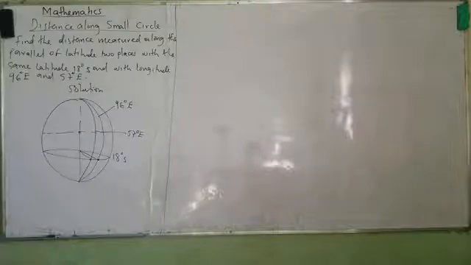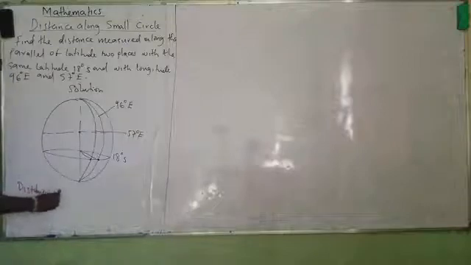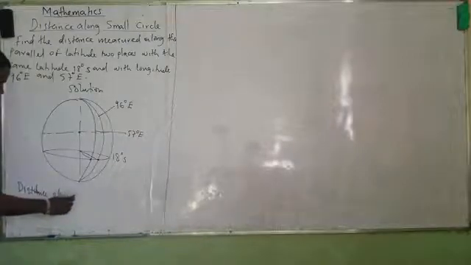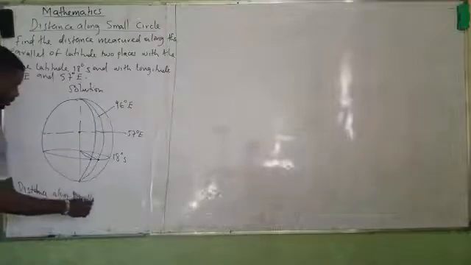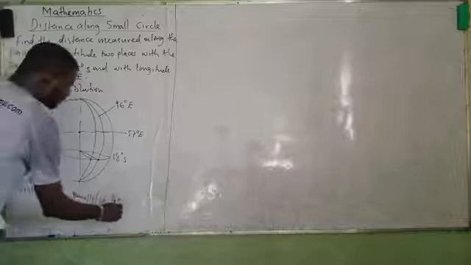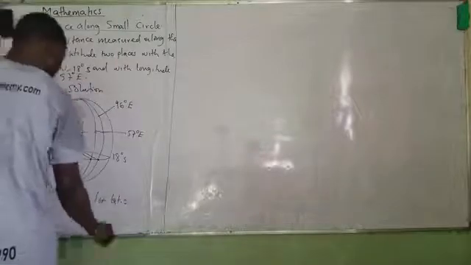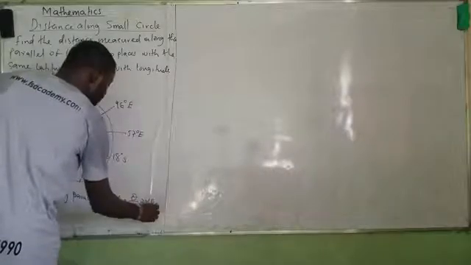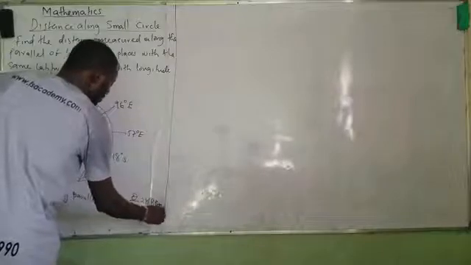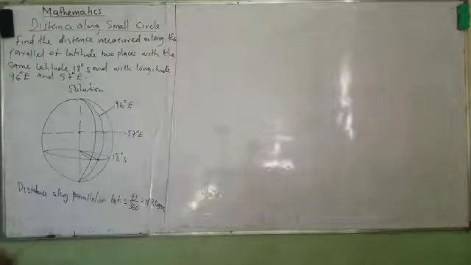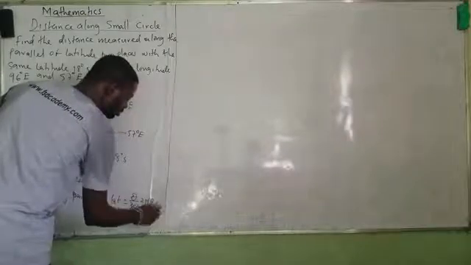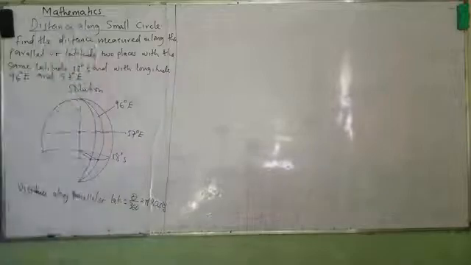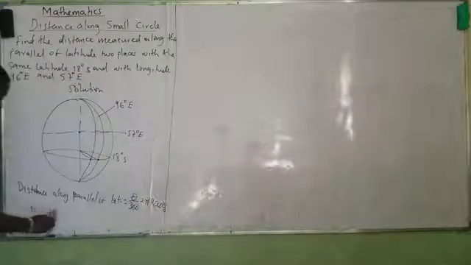Don't forget that the distance along a parallel of latitude would be equal to theta over 360 times 2 pi big R cos alpha, which I've explained earlier. Now, don't forget my alpha will be 18 degrees.